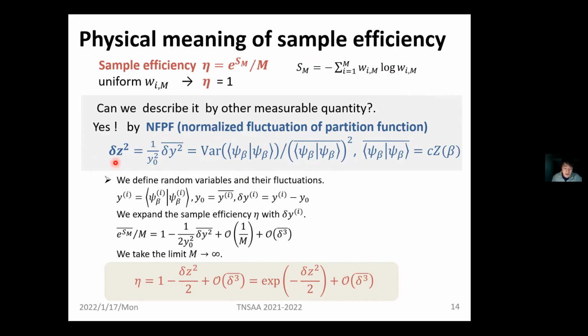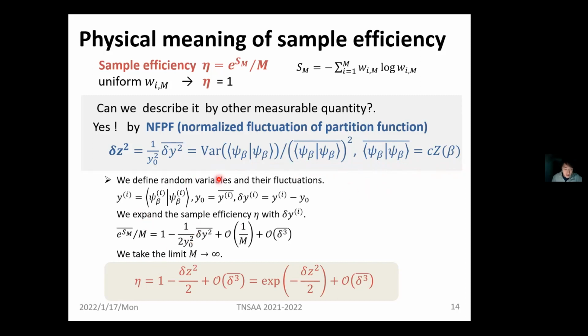Since the partition function Z is given by the average of the norm of the sampled state psi beta, NFPF is the variance of the norm normalized by the square of the norm. NFPF is very important in later discussion.